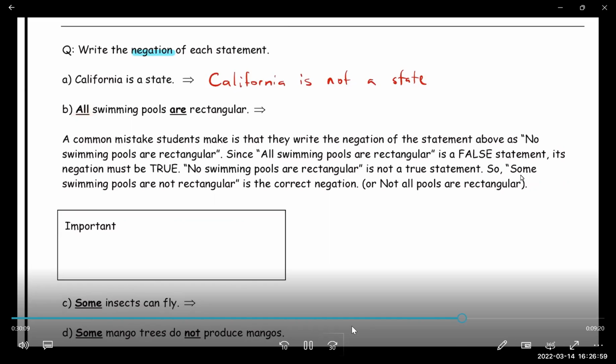Because the opposite of all swimming pools being rectangular would be some swimming pools are not rectangular. So that's how you would negate that statement.